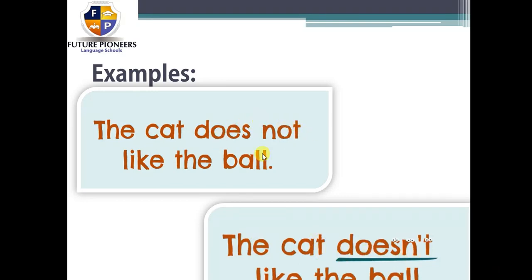I've just crossed out the o, combined the two words together, and added an apostrophe. This is the contraction. Instead of saying does not, two words, I'm combining them into one word, which is doesn't.